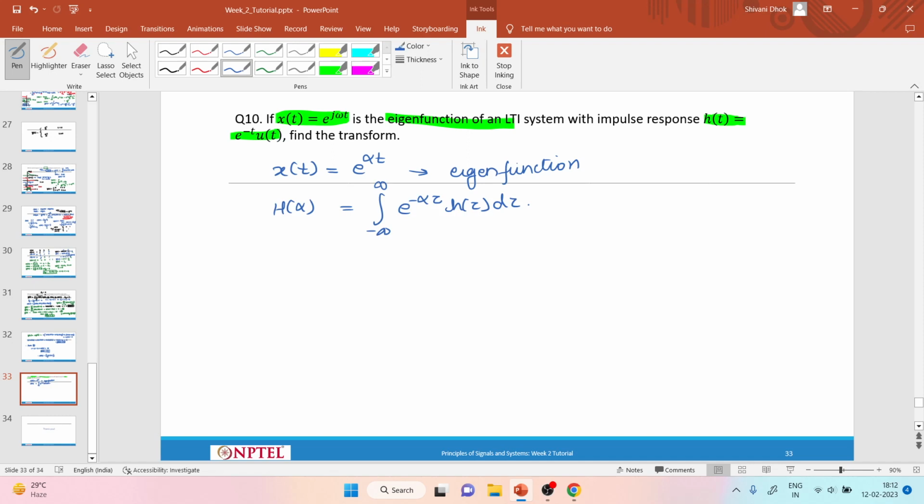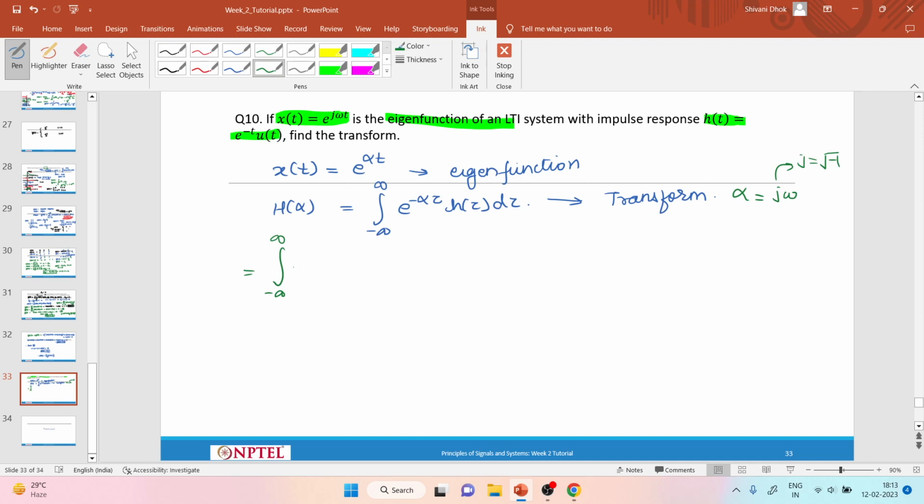This was known as your eigenfunction, which was exponential, and this is your transform, and we need to find what is the value of your transform for given impulse response. So let us substitute it. So minus infinity to infinity. Sorry, here your alpha is j omega, where this j is square root of minus 1.